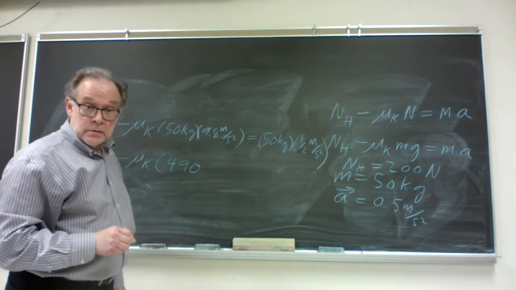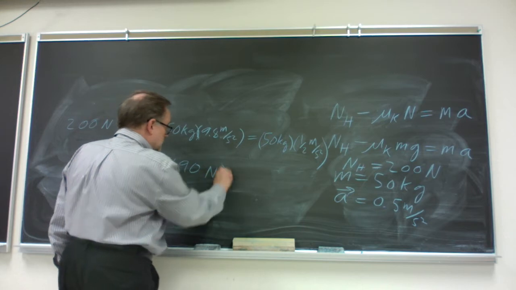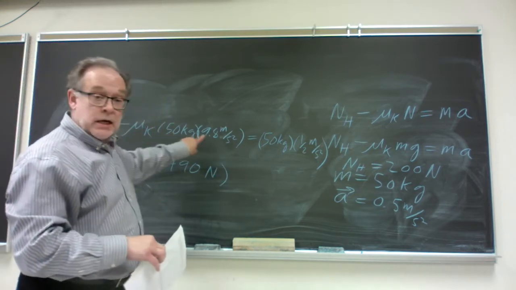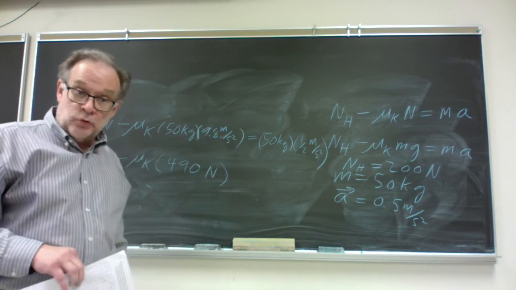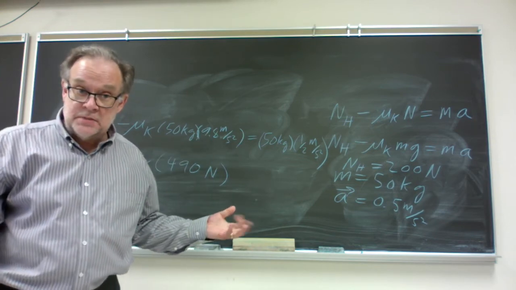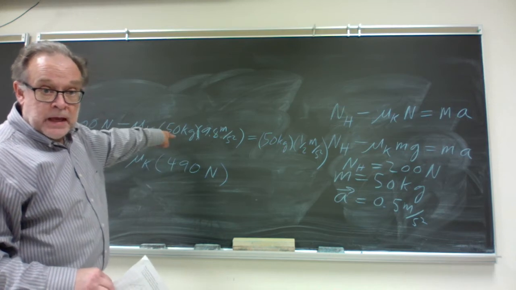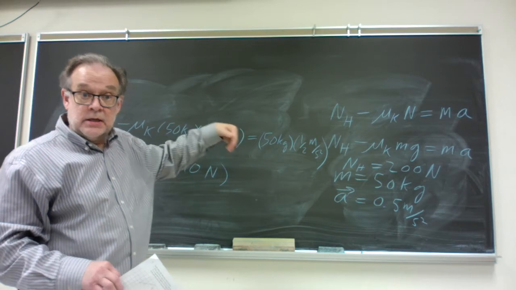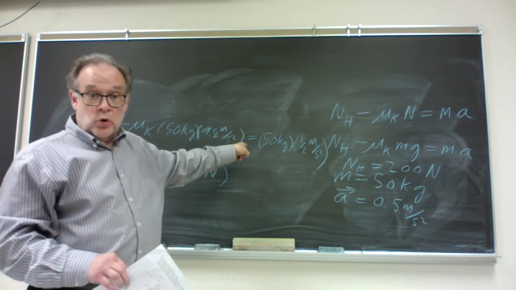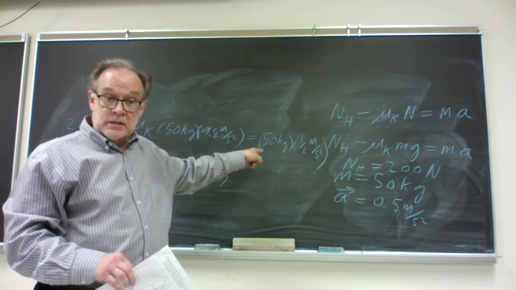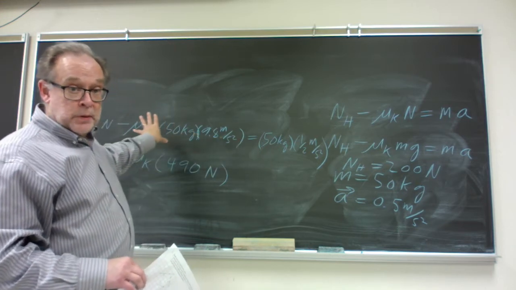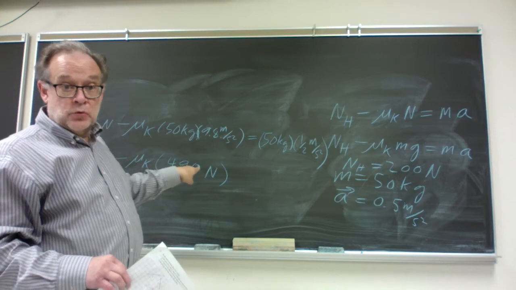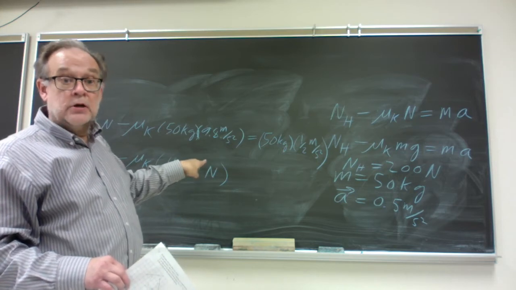490 what? 490 newtons, because a mass times acceleration is a force. That's what Newton's law tells us. And if you always have the masses in kilograms, and you always have the distances in meters, and you always have the time in seconds, then multiplying mass times acceleration automatically gives you a force in newtons.